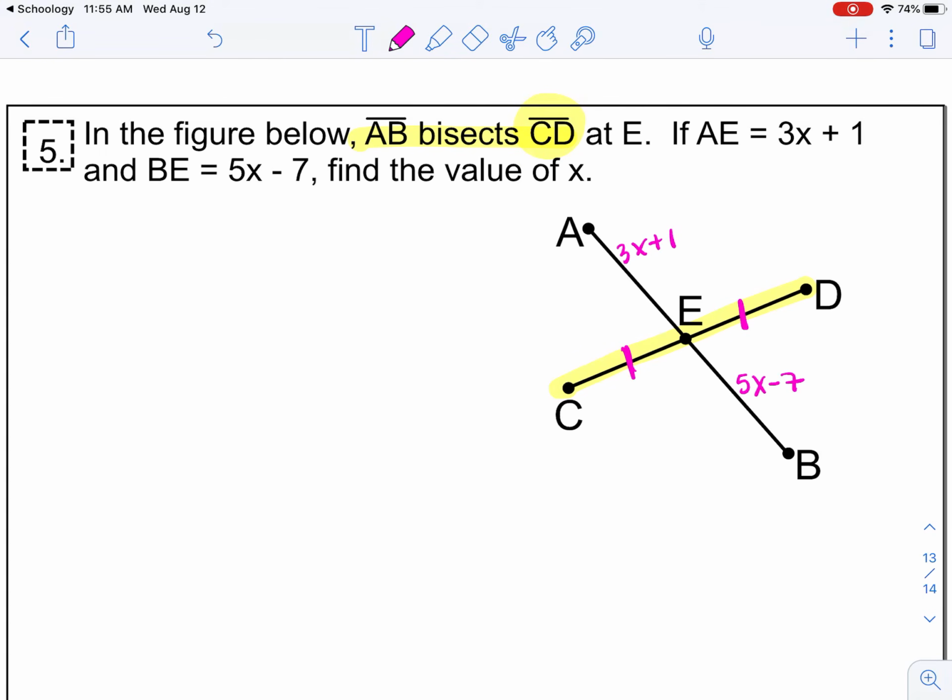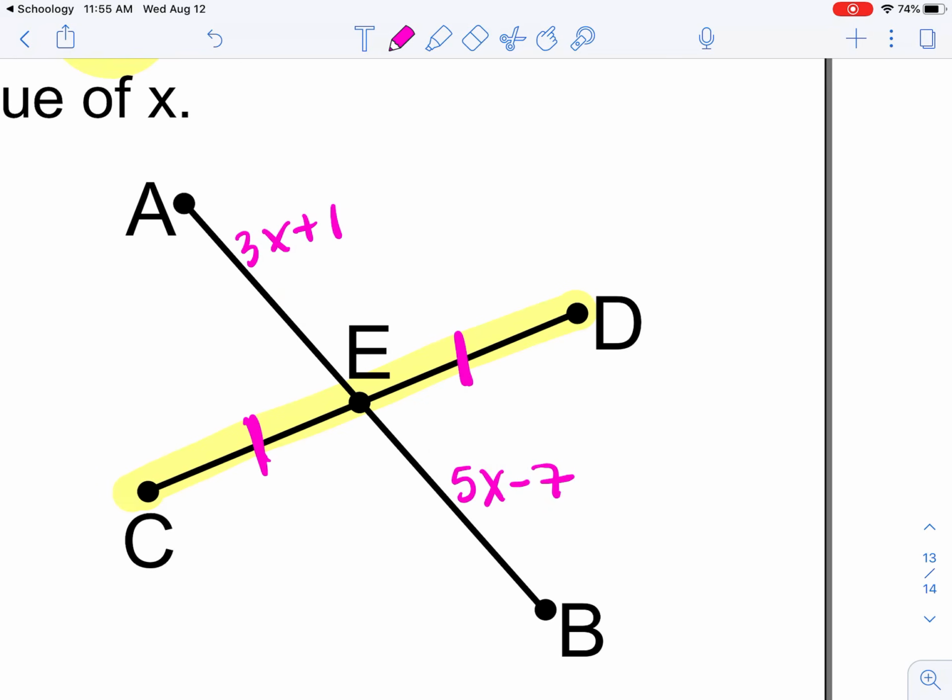So the number one thing people do wrong here is they force something to happen. In geometry, you cannot force things to happen. These two pieces, this piece and this piece, are not equal. They do not have tick marks. It is not bisected. I never said that E is the midpoint of AB. I never said AB was bisected.